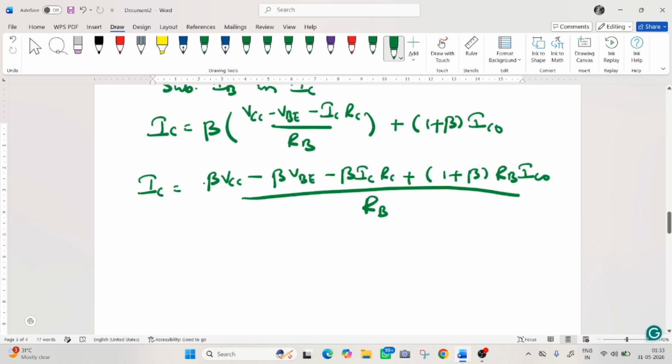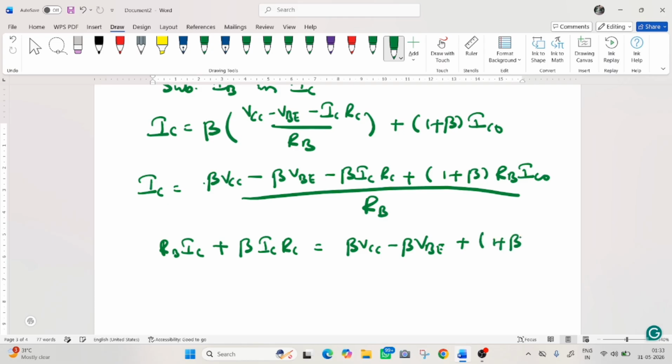Let me take this away to this side, then RB into IC. Let me take this term also to this side, then it will become plus beta times IC RC. The remaining terms are beta into VCC minus beta into VBE plus (1 plus beta) times RB ICO.